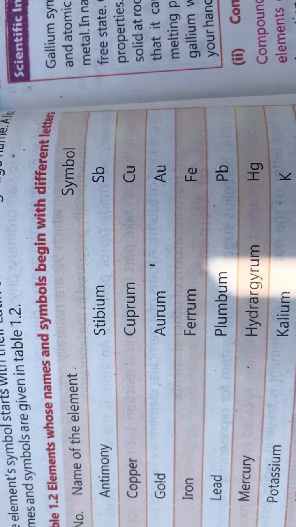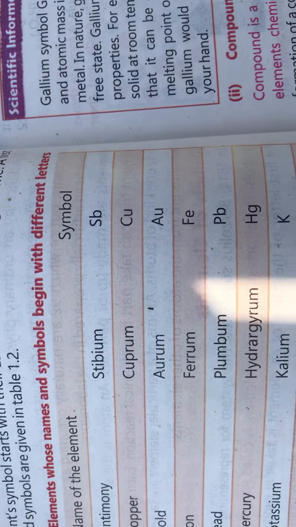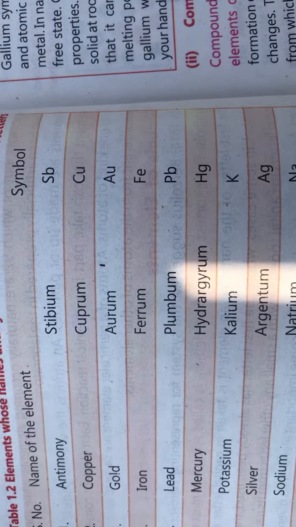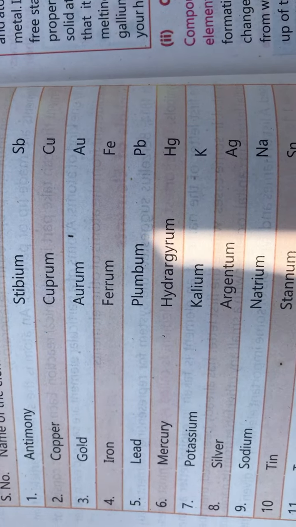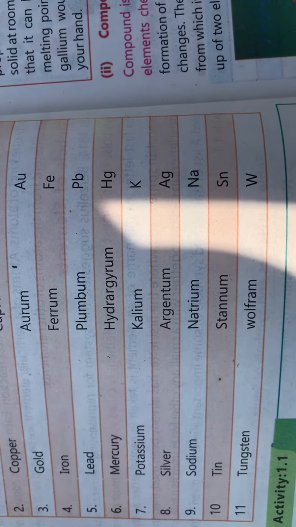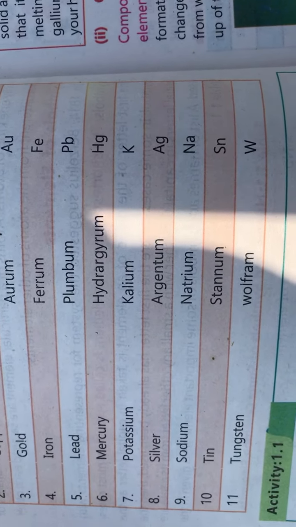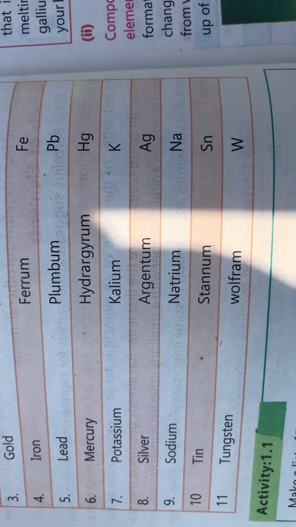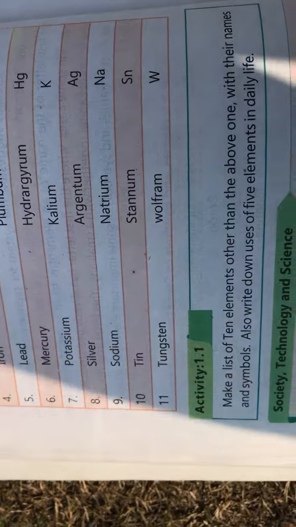Copper, from cuprum, is Cu. Gold, Au. Iron, Fe. Lead, Pb. Mercury, Hg. Potassium, K. Silver, Ag. Sodium, Na. Tin, Sn. Tungsten, W. This is the example as we have shown.